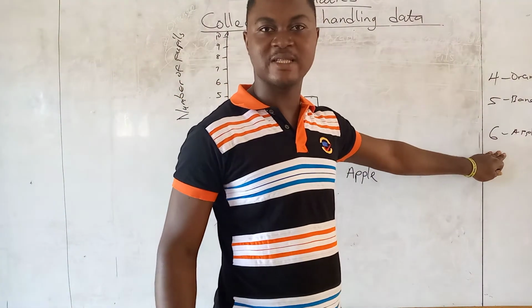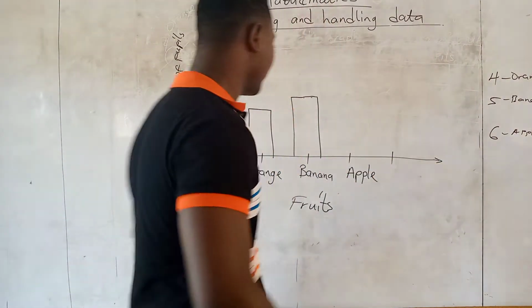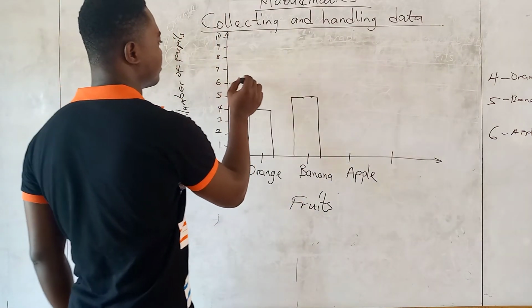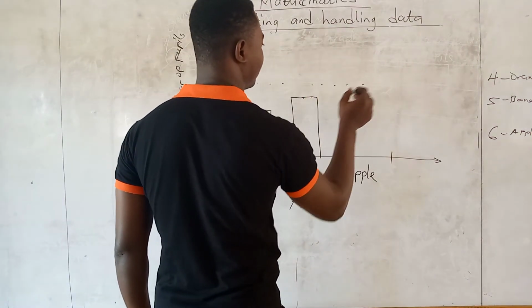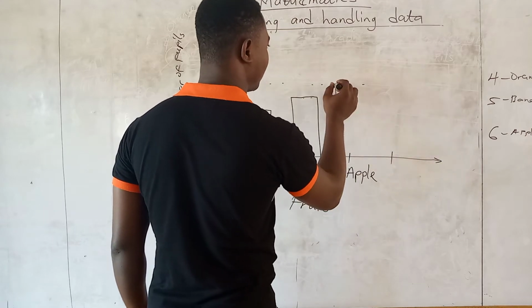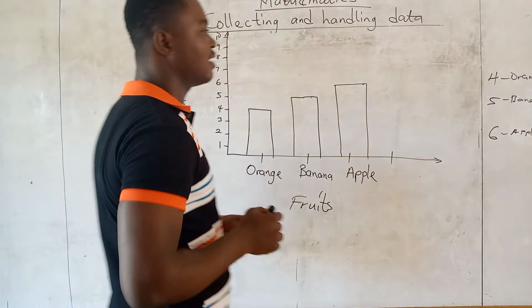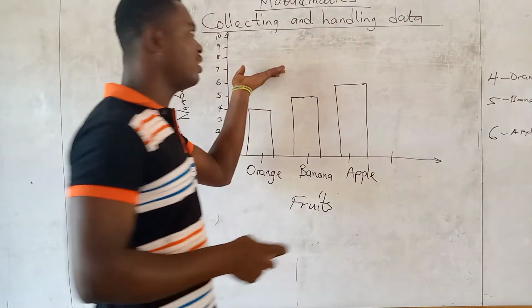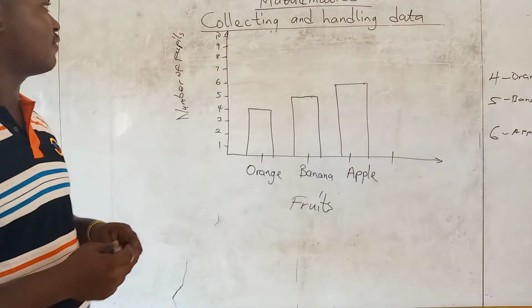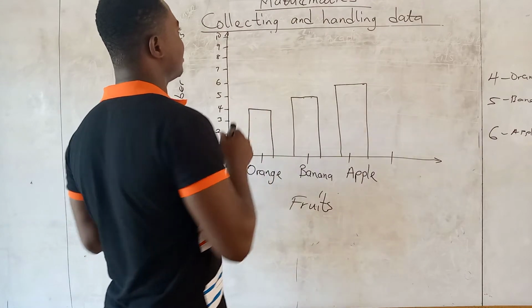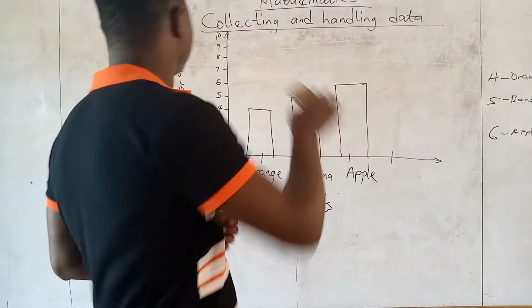From here we have 6 people preferring apple. So apple is 6. Okay, so we have represented our data in graph form too.